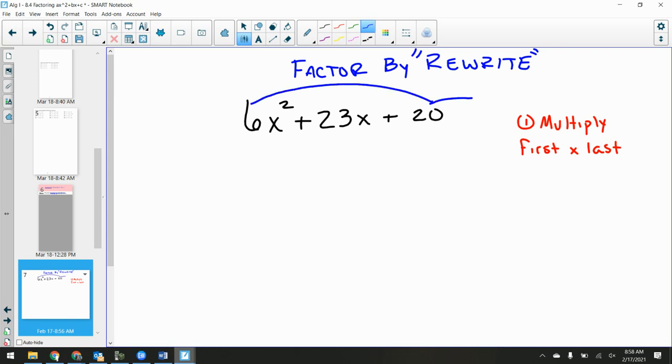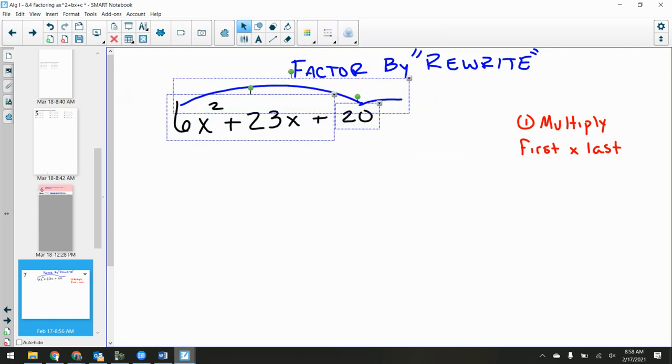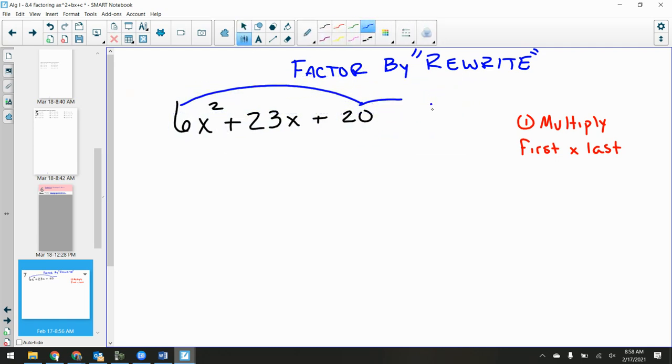What is 6 times 20? 120. And I'm going to find the factors of 120. I'm not going to make my list off of just 20. I'm going to find the factors of 120 that will add to get to 23. And that's my second step.